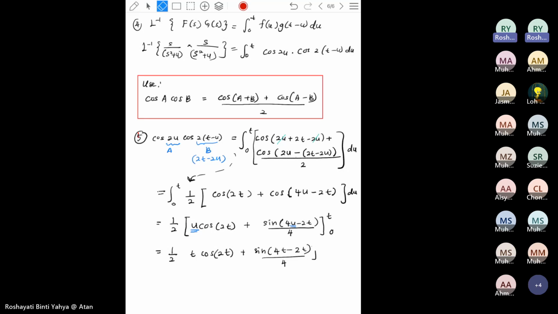Small one, bracket. Minus u is 0, so 0 plus sin 2t over 4.